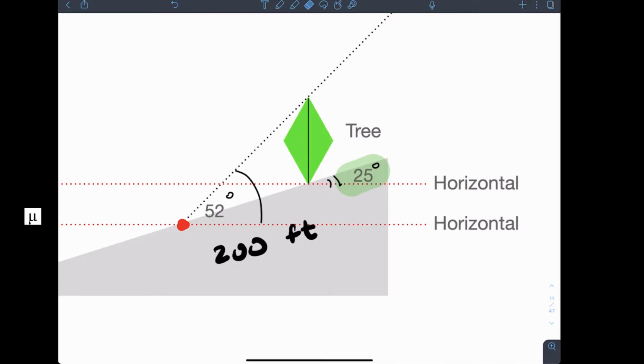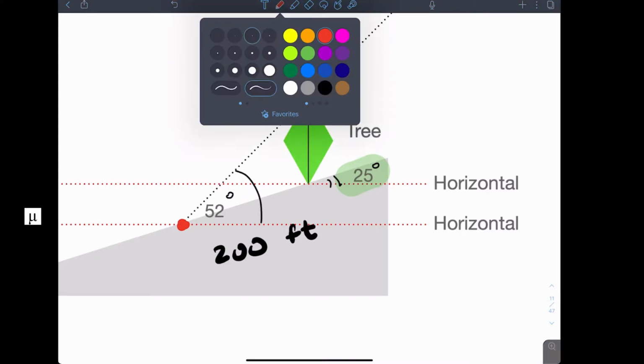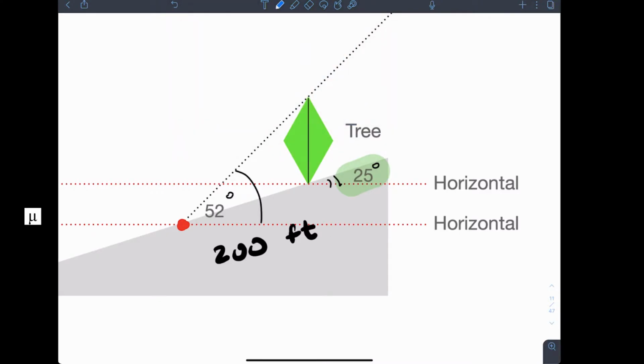So why, if we focus on this, why is this going to be angle, side, angle?